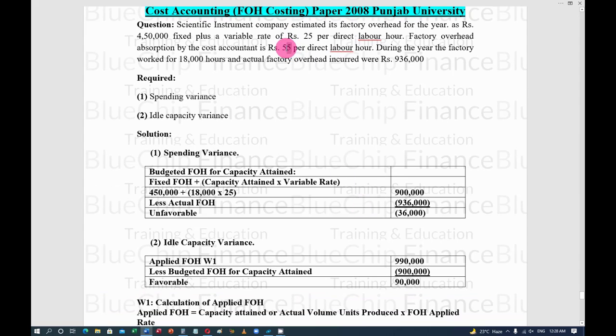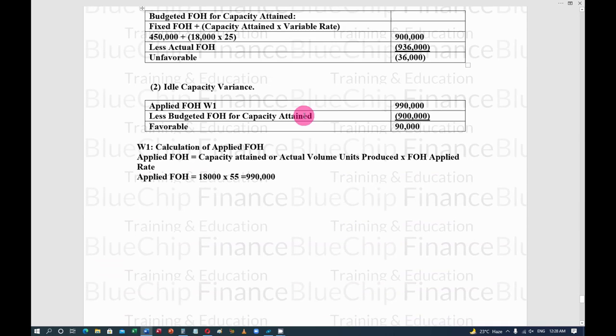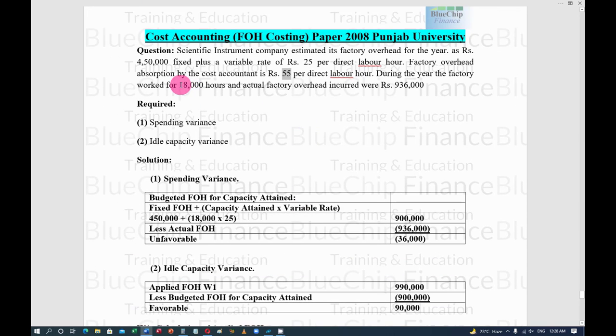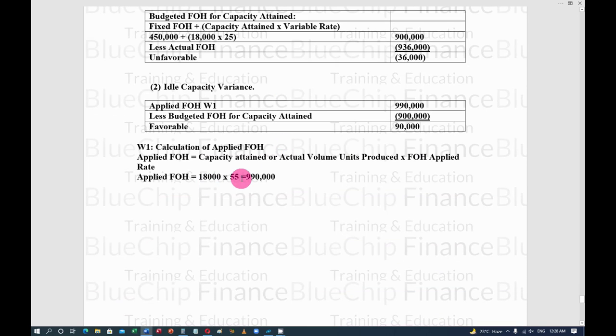So you don't have to calculate it, it is already given as 55. Capacity attained is 18,000 hours. 18,000 multiplied by 55 is 990,000. So applied FOH is 990,000. 990,000 minus budgeted FOH for capacity attained, 9 lakh, is positive 90,000, that is favorable.